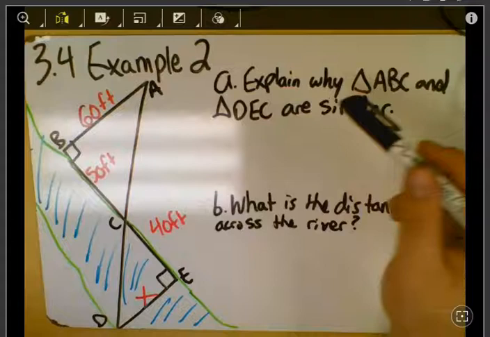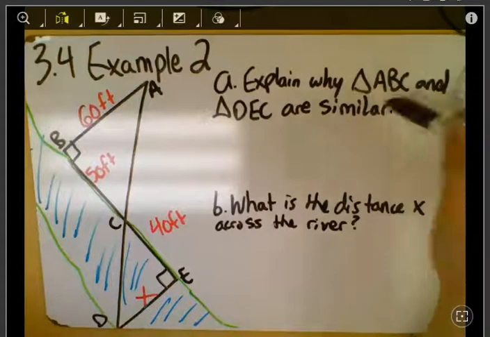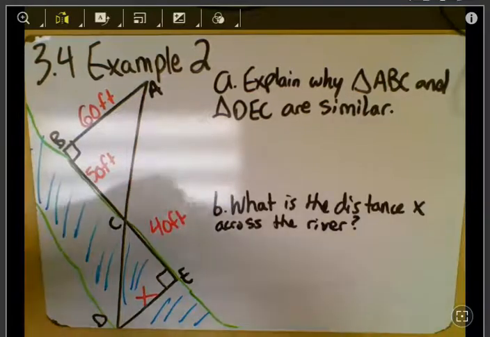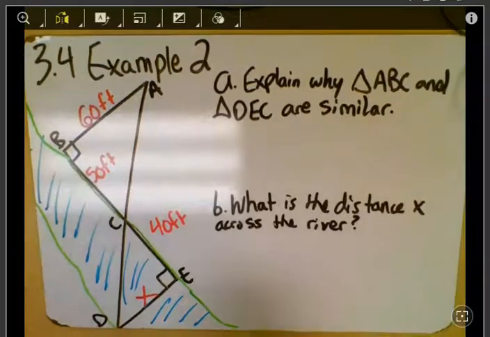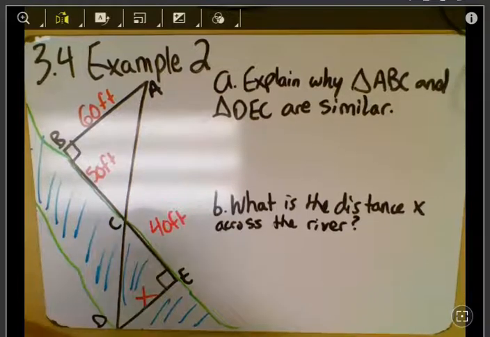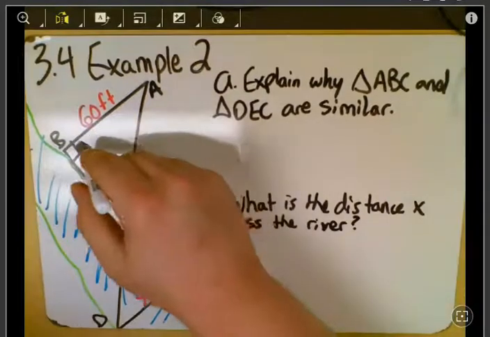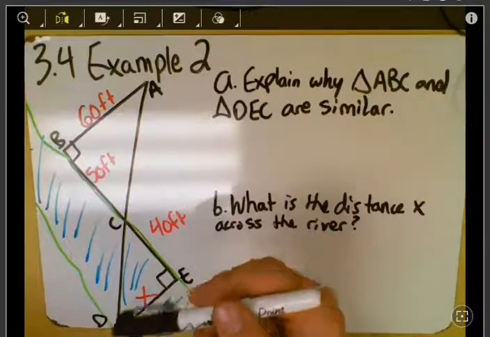Okay, so for part A, let's tackle that problem first. Explain why triangle ABC and DEC are similar. We can use the similar triangle definition that we learned earlier in this section, the angles of similar triangles. If we have two pairs of angles that are congruent, then we know that the triangles are similar.